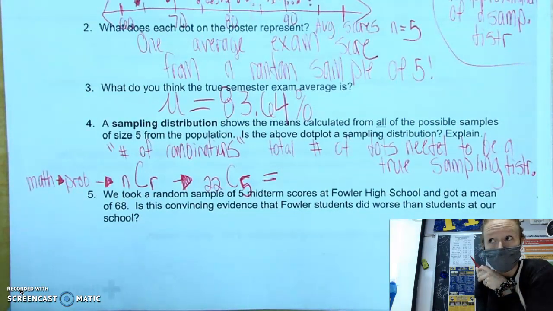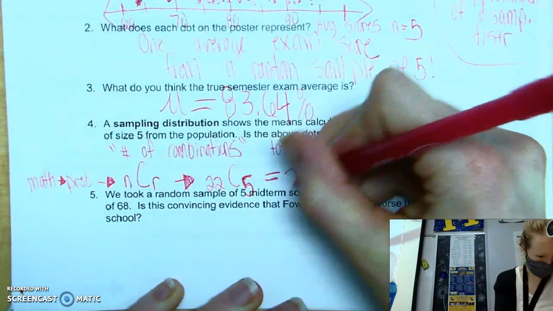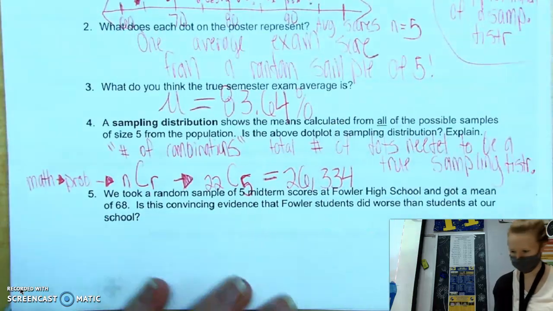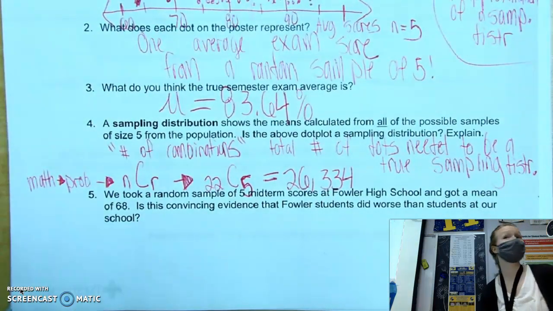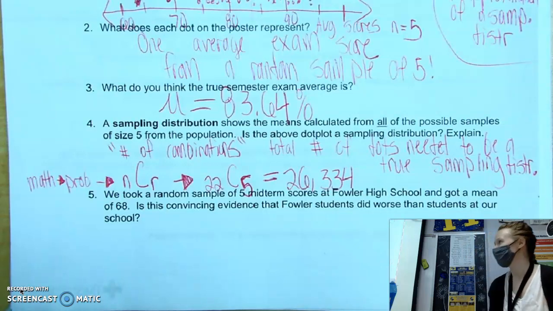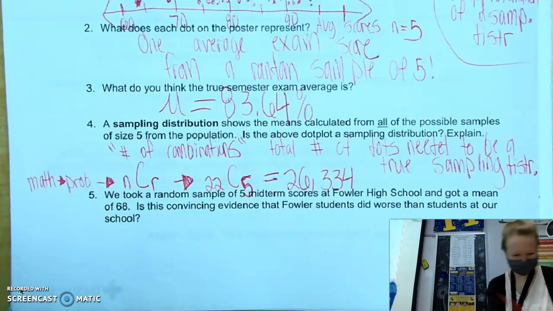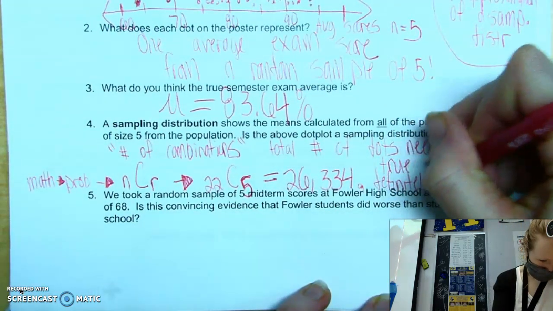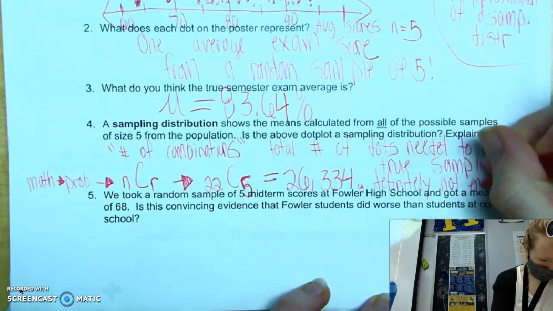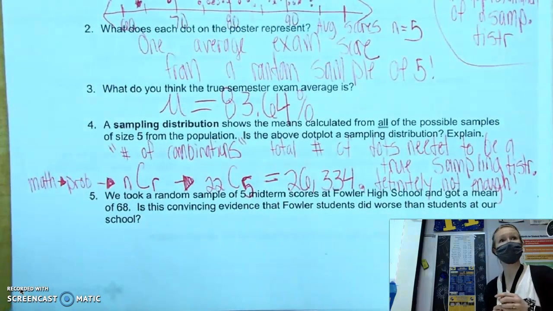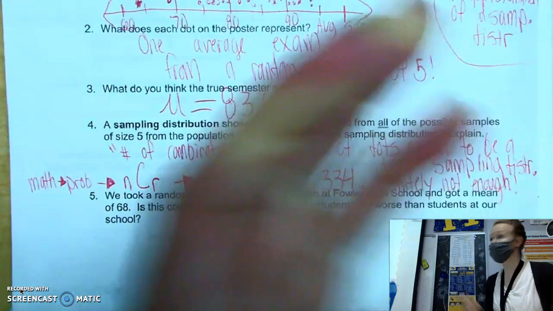Should be big. 26,334? Wow. We definitely don't have all the dots, right? We're not even close. We do have a good sampling distribution, but definitely don't have enough, right? There's definitely not enough on our graph. We probably have about 100 on our graph, which is good, but not good enough.